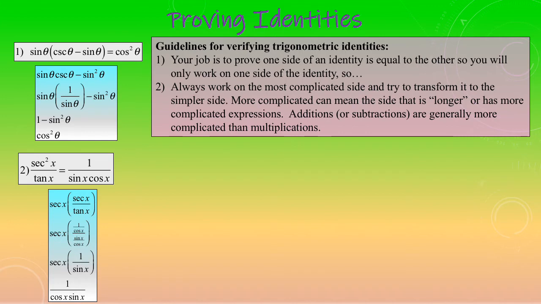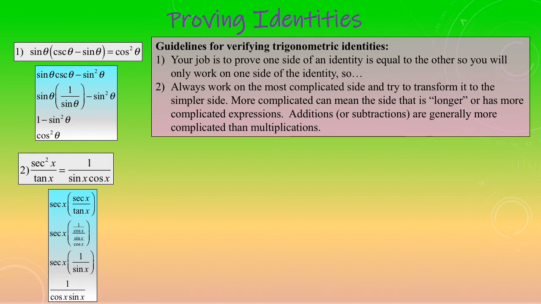Number 2 is much harder. We have to show that secant squared x over tangent of x is equal to 1 over sine of x cosine of x. We say that expressions that have tangent, secant, cosecant, or cotangent are more complicated than those that have sine and cosine.